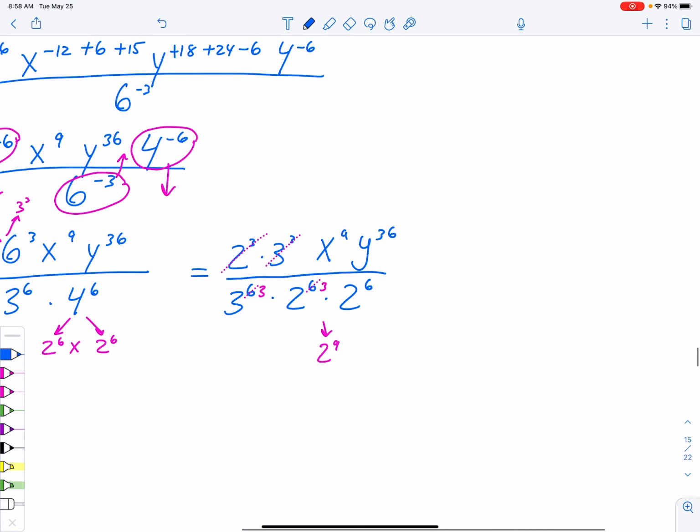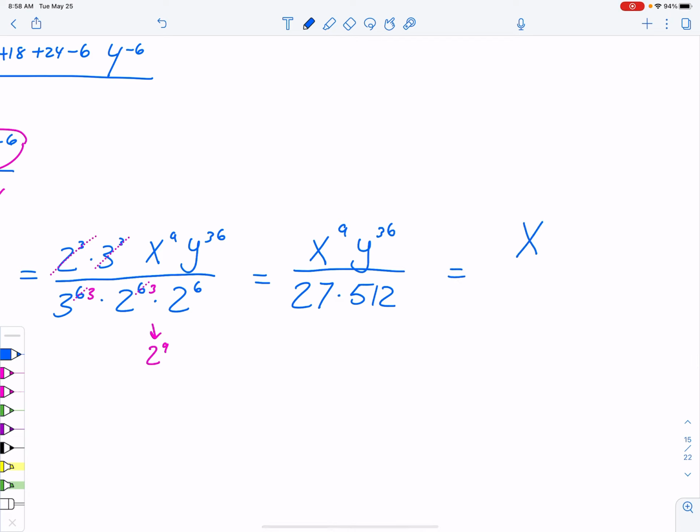So let's look at what this would be. On the top, we only have letters left, x to the 9 and y to the 36. On the bottom, we have 3 to the 3. 3 to the power of 3 is 27. And then we have 2 to the 9, and 2 to the 9 is 512.